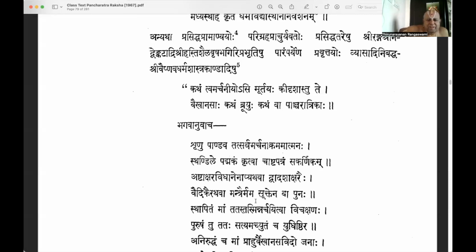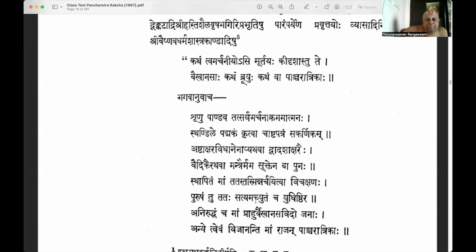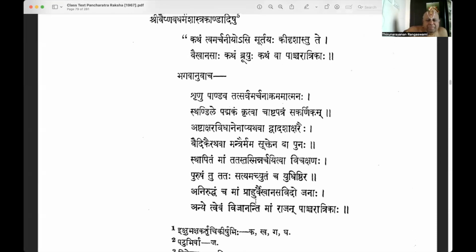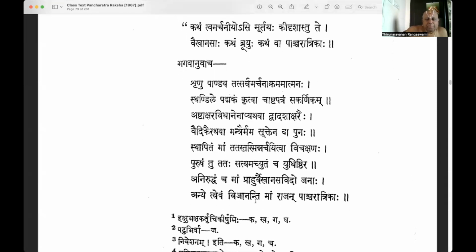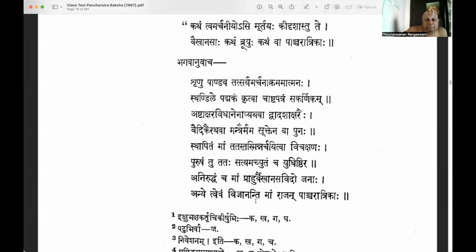Katham tvam archaniyaha asi. Tell us, O Lord Sriman Narayana, how you should be worshipped. There are so many figures, murtayaha. What type of figures are you showing yourself? Murtayaha, the solid figures, tangible, touchable figures.